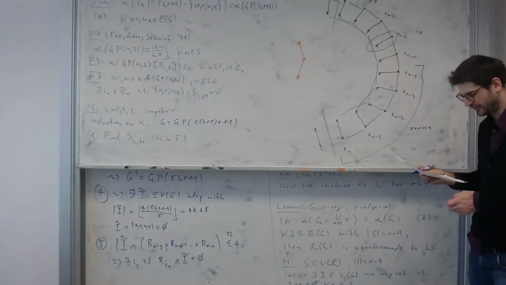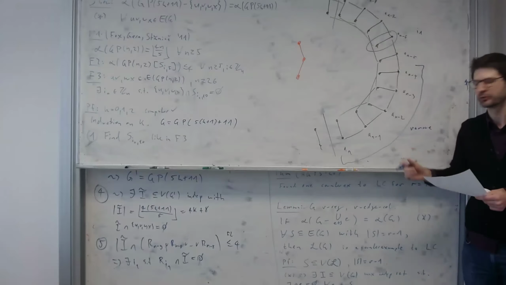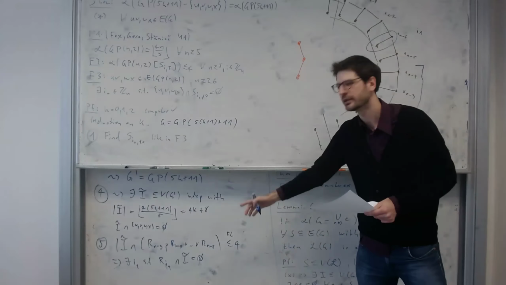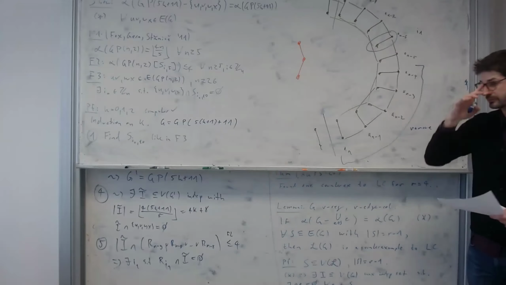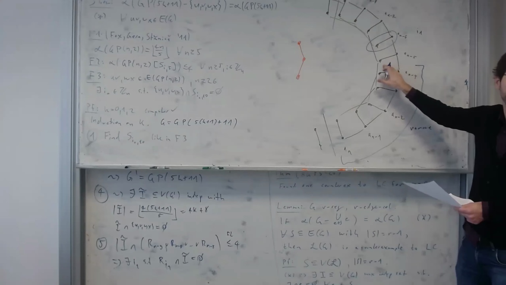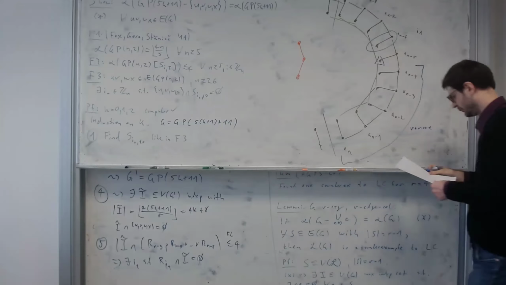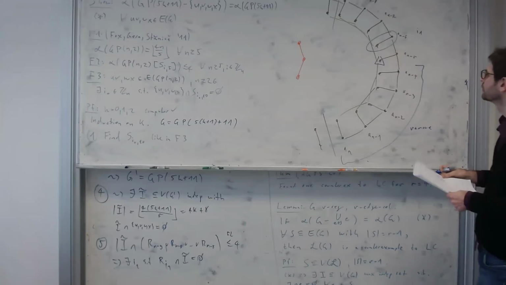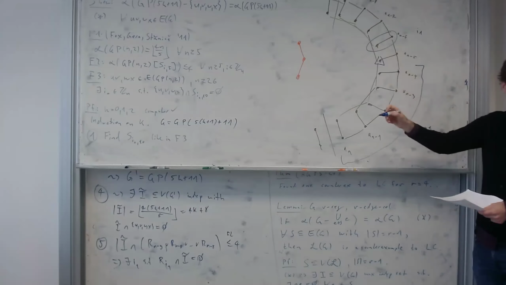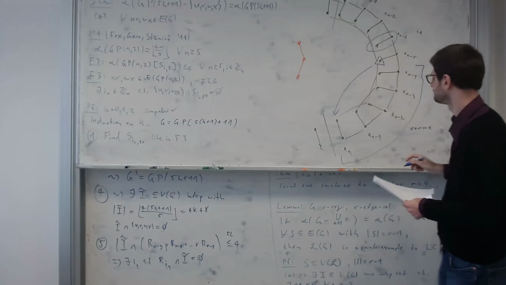Now the question is, how do I use this to manipulate, to complete my I tilde to an independent set of G? So this one here might contain a vertex in the independent set. So let's assume it was this one here, right? So what am I going to do now? I'm going to move this one to the end.